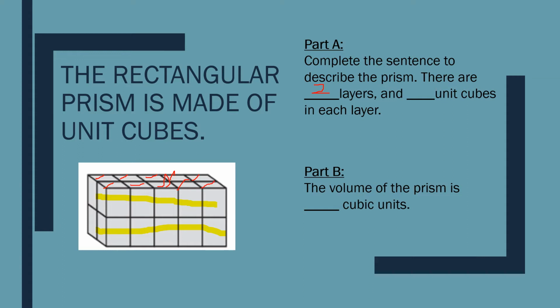So how many cubes? 10 unit cubes in each layer. So now the total volume of the prism in cubic units is, I have 2 layers of 10, so I can either say 10 plus 10 using repeated addition, or I can use a multiplication equation. 2 layers of 10, 2 times 10 would give me, yep, you guessed it, 20.